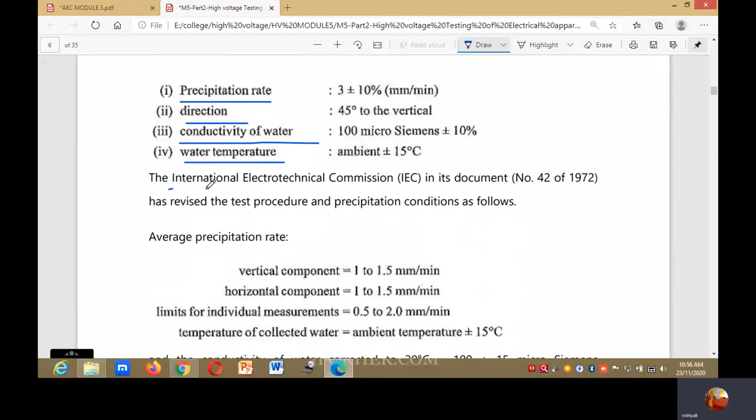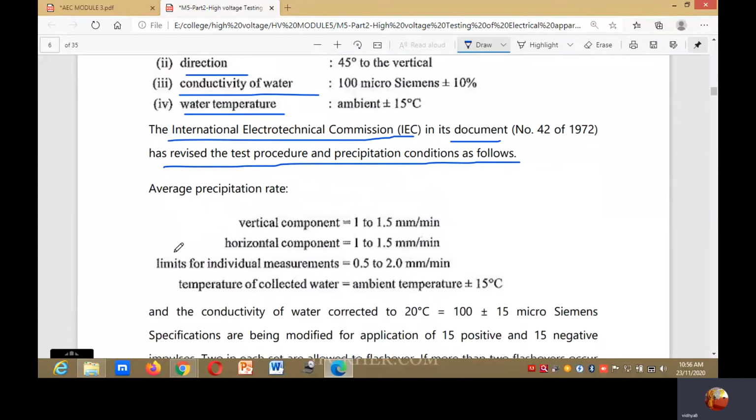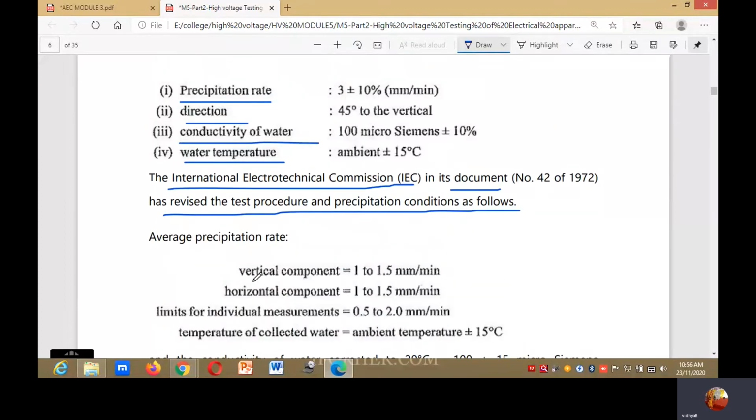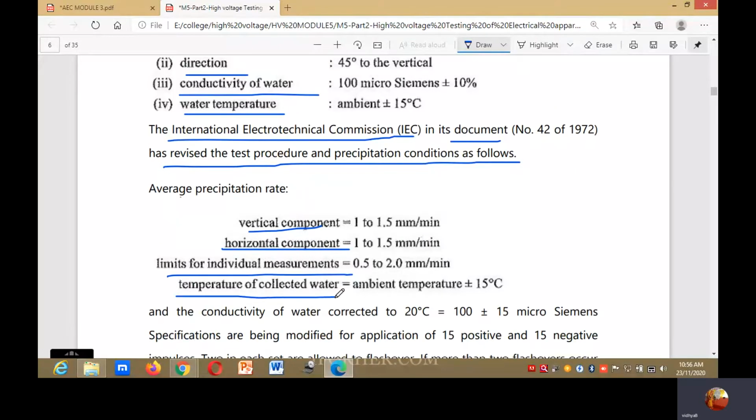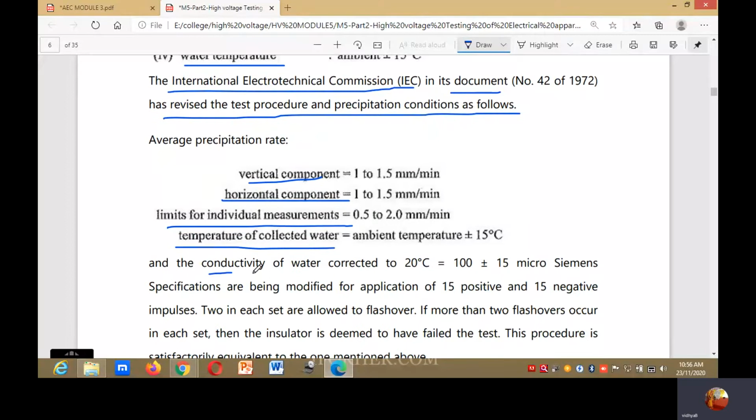The International Electrotechnical Commission, in its document, has revised the test procedure and precipitation conditions as follows. You can observe the vertical component, horizontal component, limits for individual measurements, and temperature of collected water. Conductivity of water corrected to 20 degrees Celsius is 100 plus or minus 15 microsiemens.